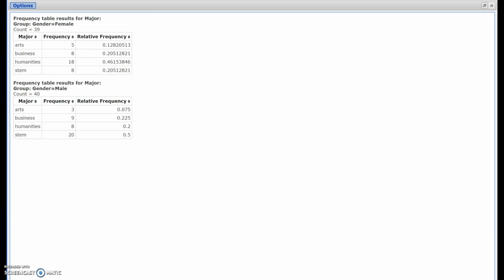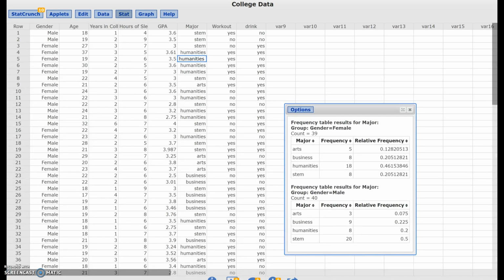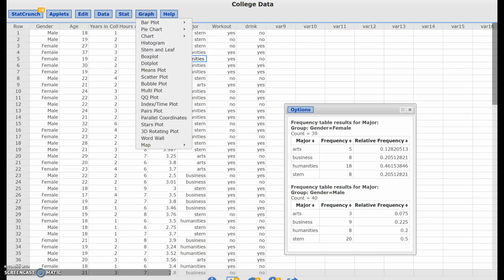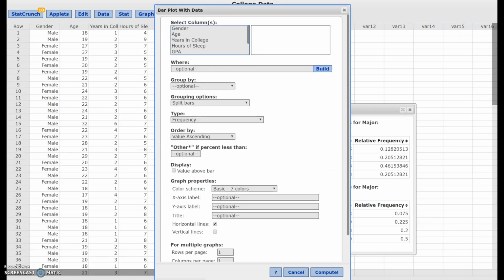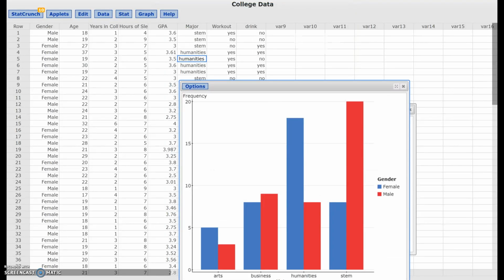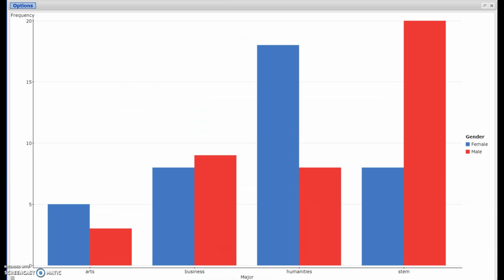So you can also do a graph. So let's say, for example, I wanted to go ahead and graph with data, a bar graph. So what did I look at? I looked at major, and if I break it up between gender, then basically this gives you a graphical representation.